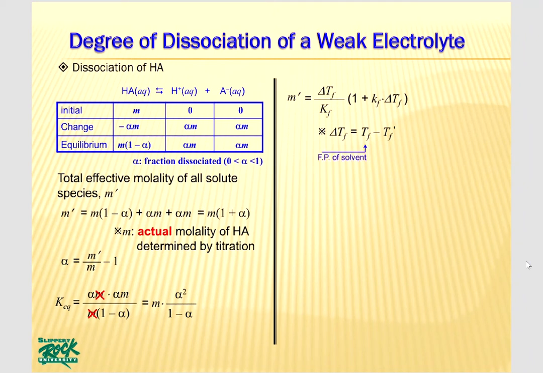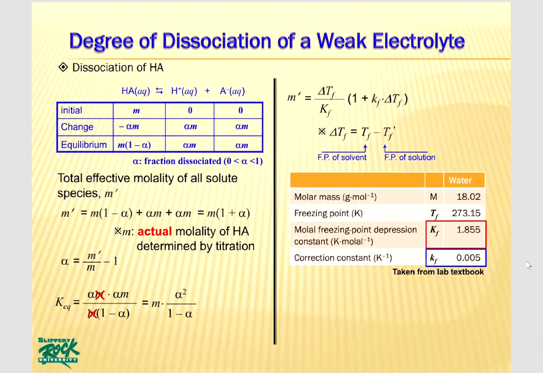TF is the freezing point of solvent and TF prime is the freezing point of solution. Uppercase KF is the molar freezing point depression constant and lowercase kf is the correction constant. The values of the constants can be found in the lab textbook.